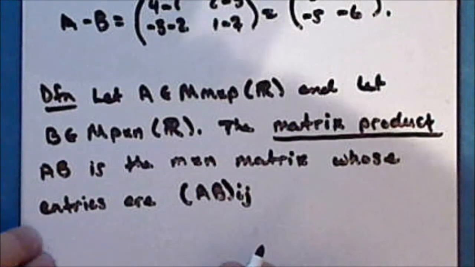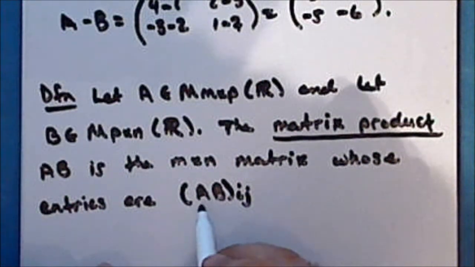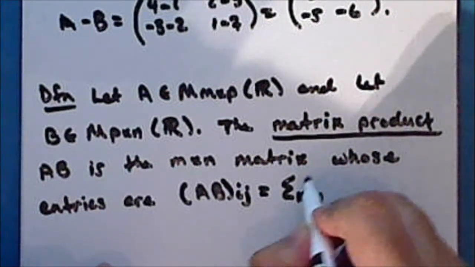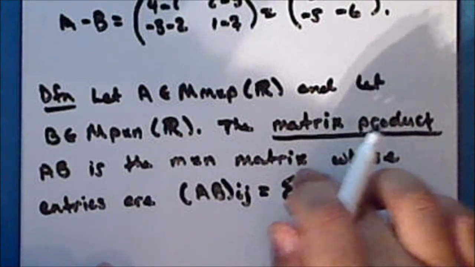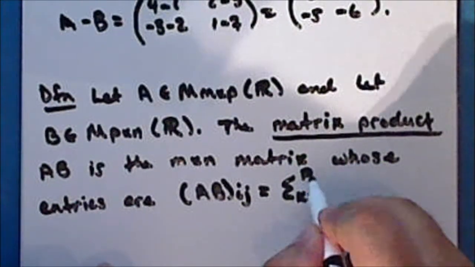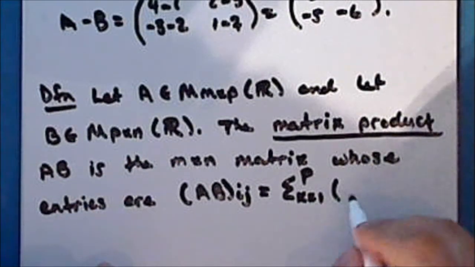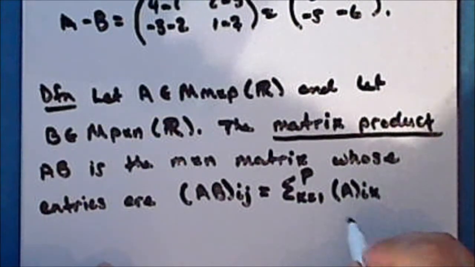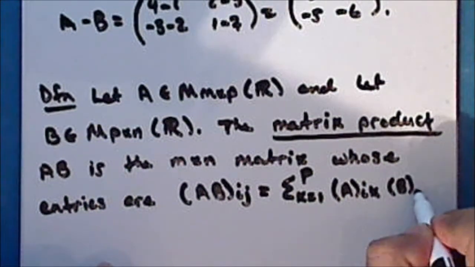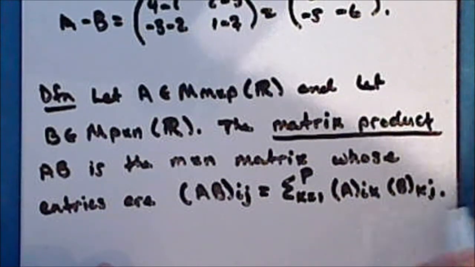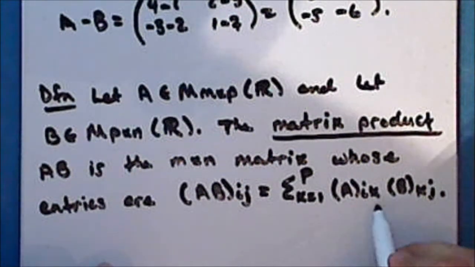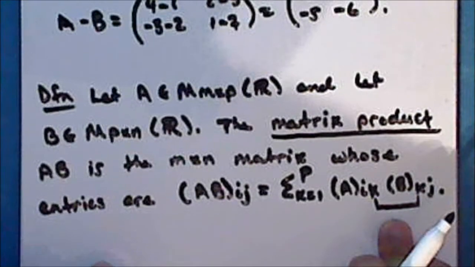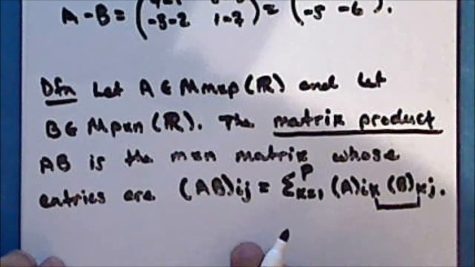The entry in row I, column J of the matrix product A times B is the sum from K equals 1 to P of the product of the entries in row I, column K of the matrix A, and row K, column J of the matrix B. Notice that the inner indices for these factors are the same, and so we call this an inner product.